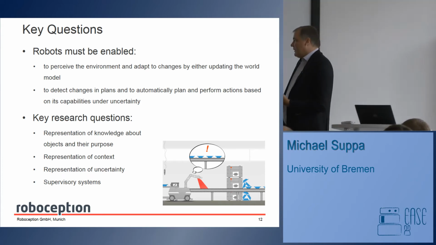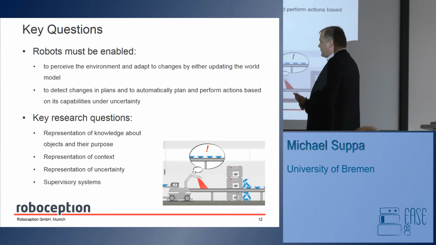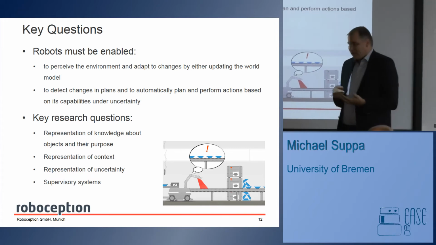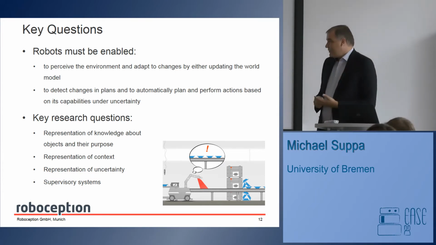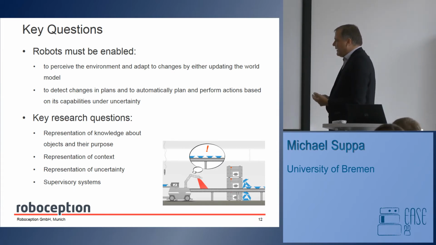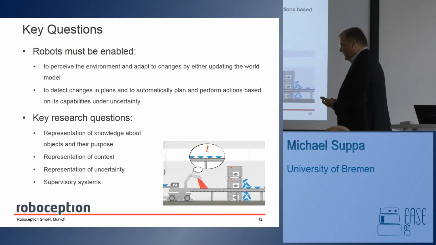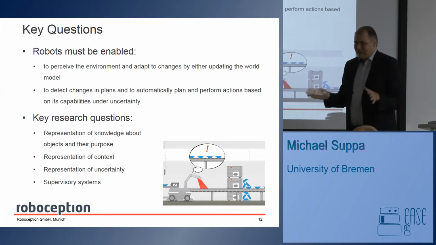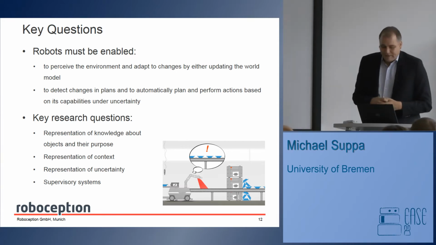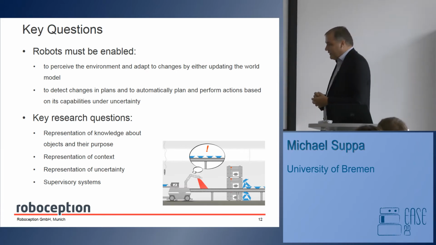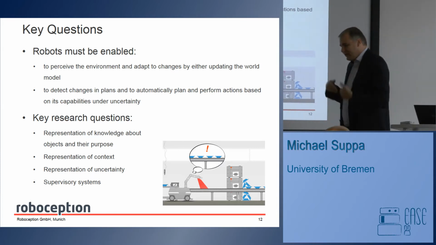So you need to have the representation of knowledge about objects and their purpose. So what can you do with them and how this in the end will work out. You have the representation of context. And you have to work on the representation of uncertainty, because you never know everything. So you just need to bound your uncertainty to a level where you can work with it. And in the end, of course, the supervisory system. You need to also check your actions.